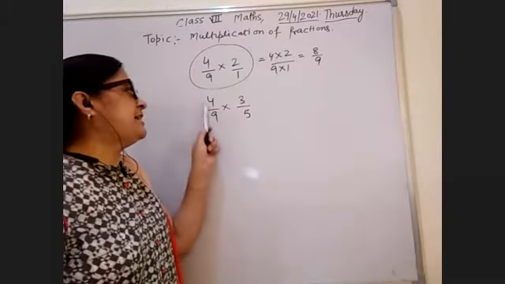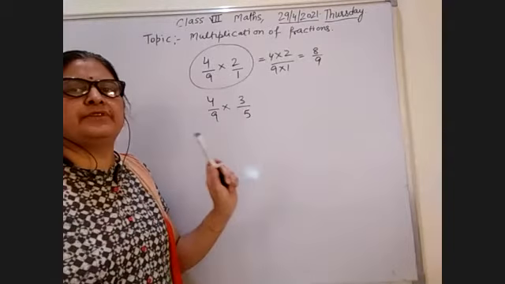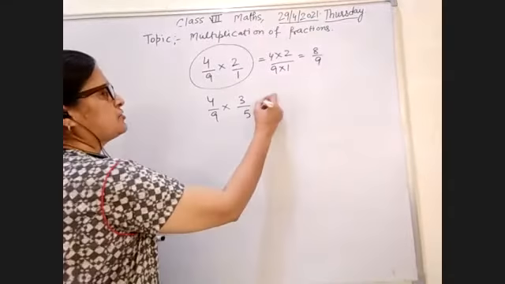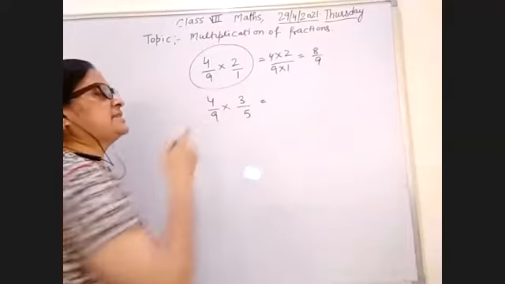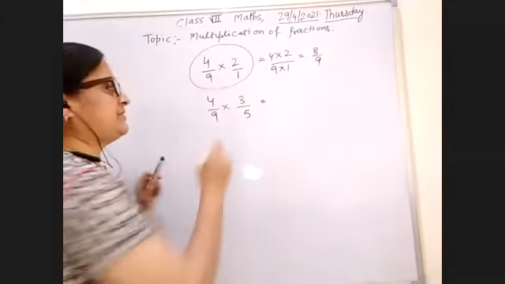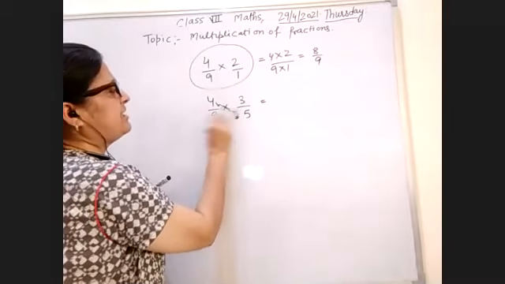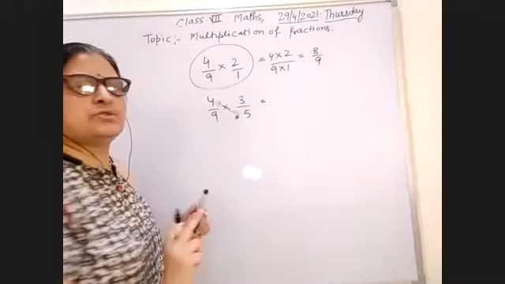Next I am taking when the fraction is multiplied by a fractional number. I multiply 4 by 9 by 3 by 5. First I will take the example, then we will start your exercise. Because in all the fractions, no one is cancelled with anyone. These crosses are not cancelled, and these 3 and 5 are also not cancelled.